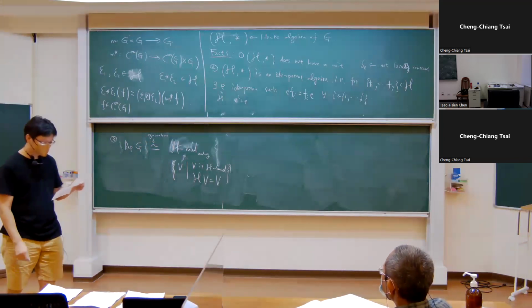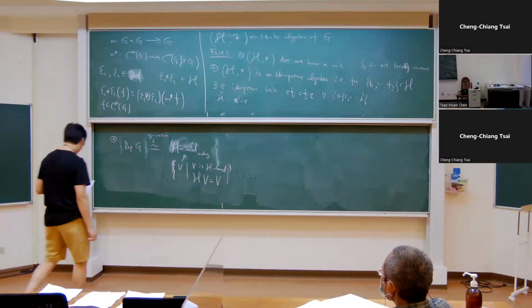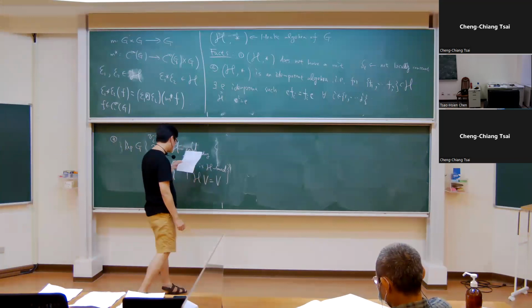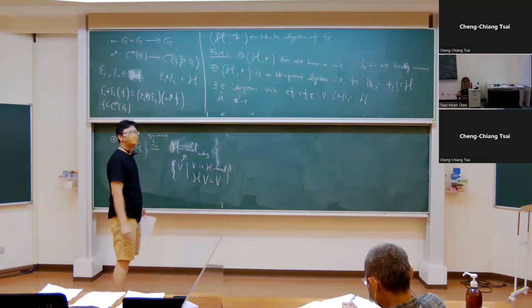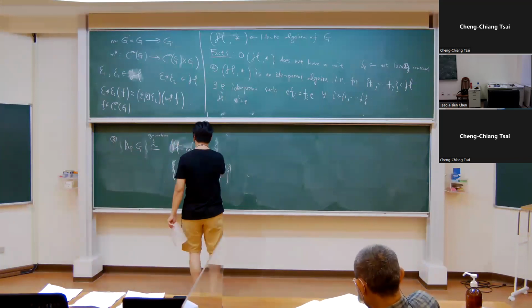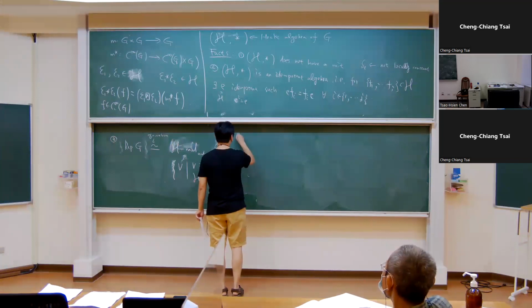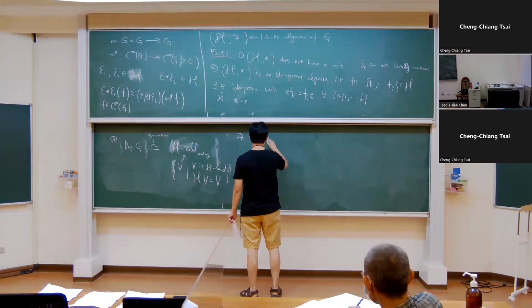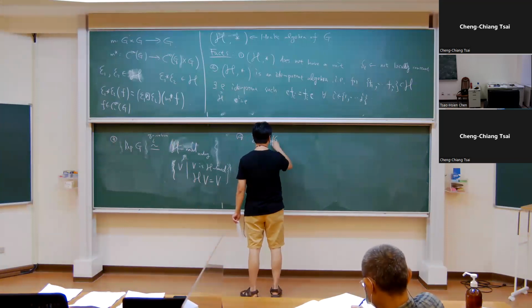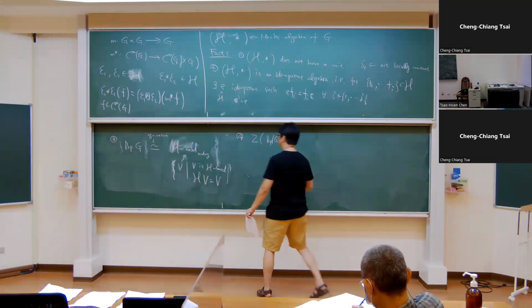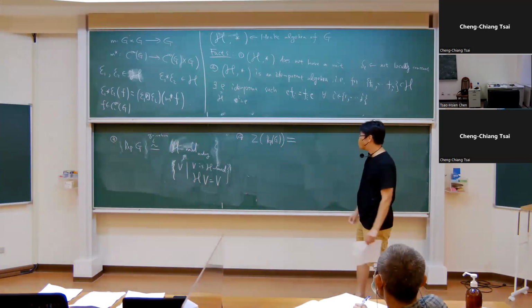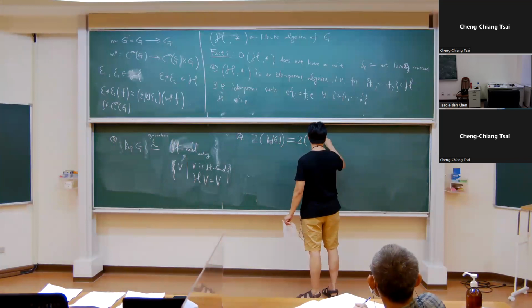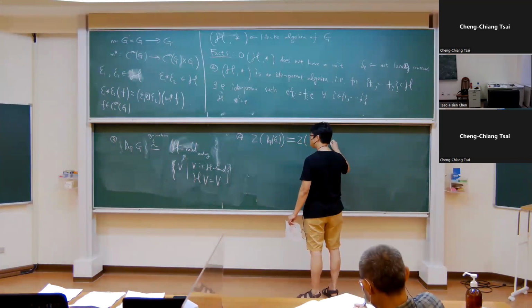Is this okay? Okay. Yeah, now the fact is, from this, you can show that the center, in the case of non-degenerate modules, is the center of this category H mod non-degenerate.